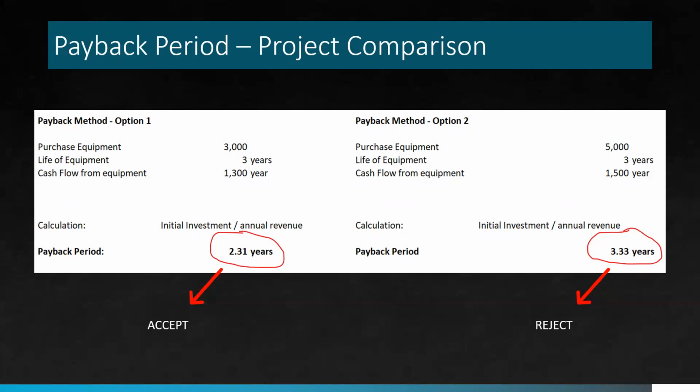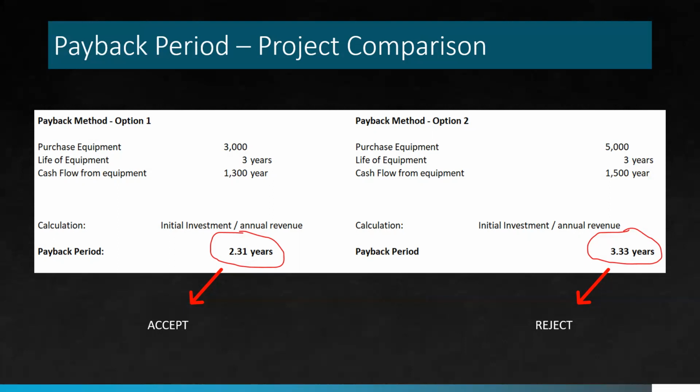In payback method option 2, I purchase a piece of equipment and it's $5,000 and it's much more expensive, but the cash flows, as you can see, increase from 1,300 to now 1,500. But that piece of equipment also lasts 3 years. So if I take my initial investment and I divide that by the annual revenue, my payback period is 3.33 years.